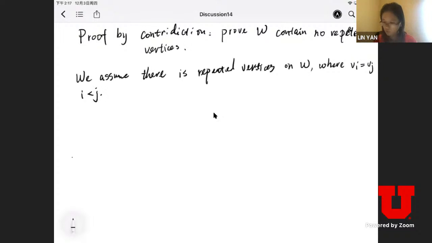We assume vi is equal to vj and i is smaller than j. Then in this assumption, W has repeated vertices.